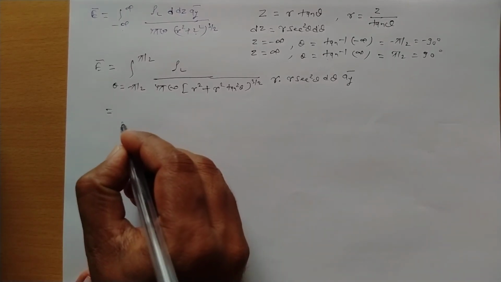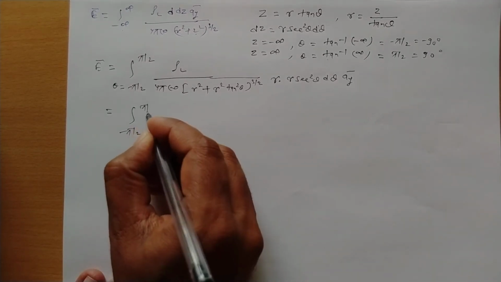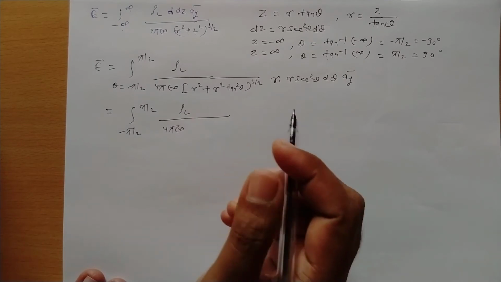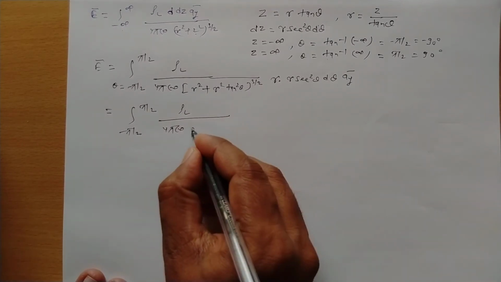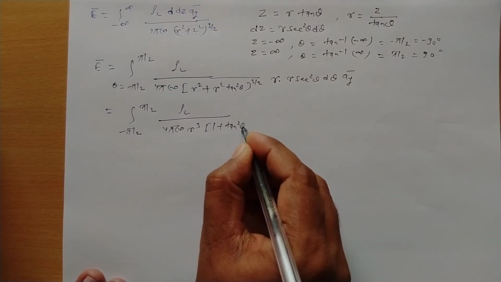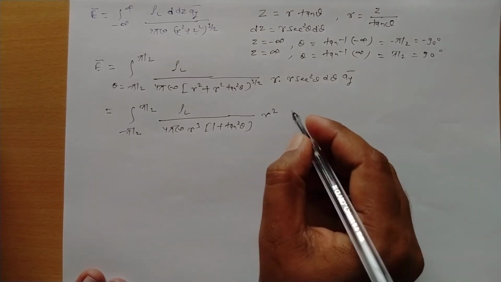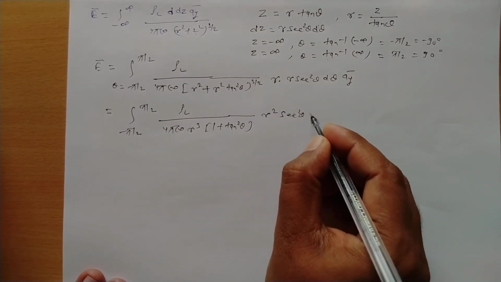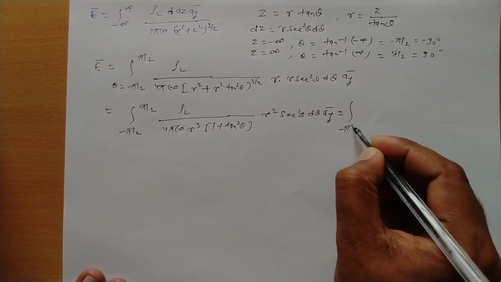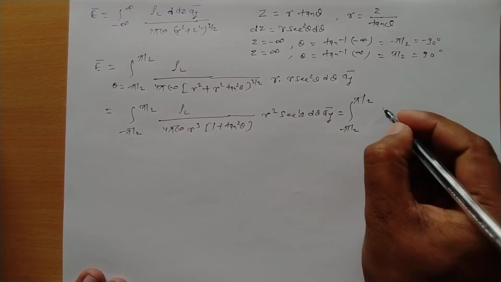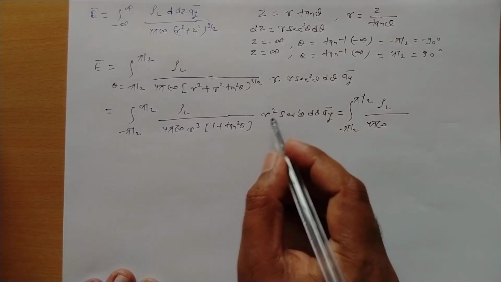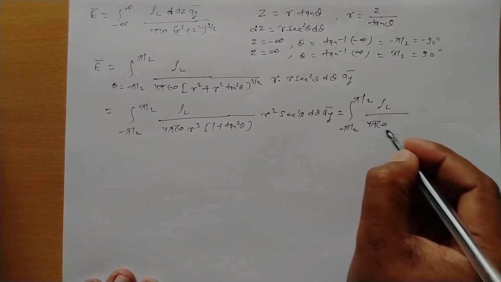And if we further solve this, we have the integral from minus pi/2 to plus pi/2 of rho L upon 4 pi epsilon naught. If we take r squared common, this becomes r to the power 3, and in brackets 1 plus tan squared theta, and this becomes r squared sec squared theta d theta, ay. Further we solve, so we get the integral from minus pi/2 to plus pi/2 of rho L upon 4 pi epsilon naught, and this becomes 1 by r.